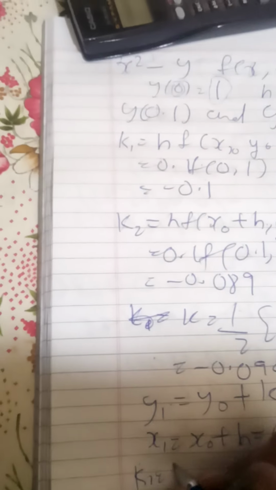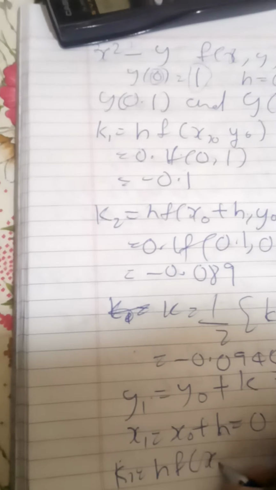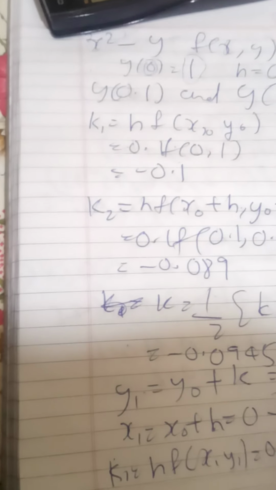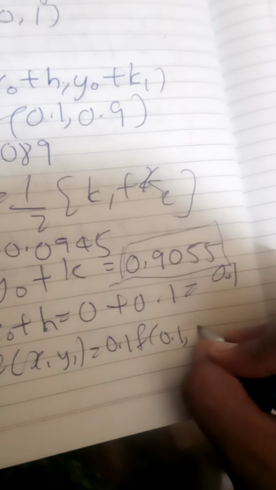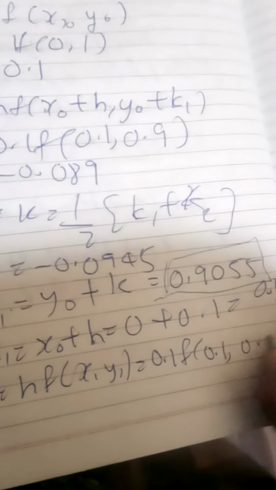Okay. So now next we will calculate y at x is equal to 0.2. So k1 is equal to h into f of x1, y1, which is 0.1 into f of 0.1 comma 0.9055. Okay. So how much will be?